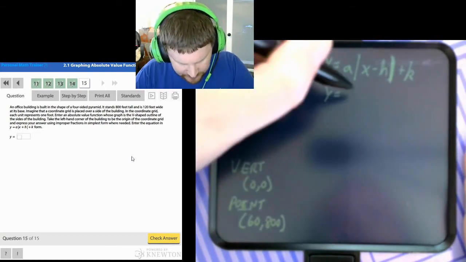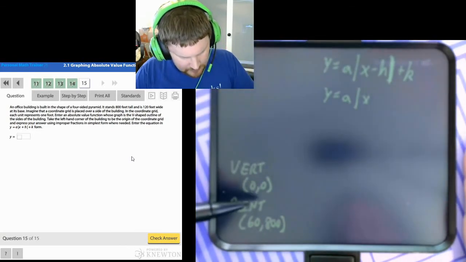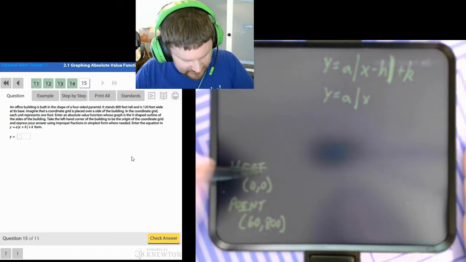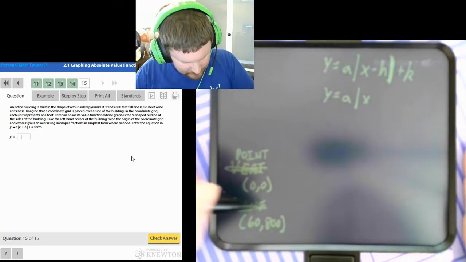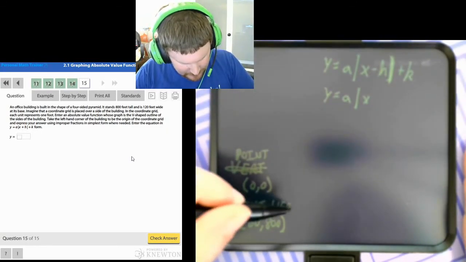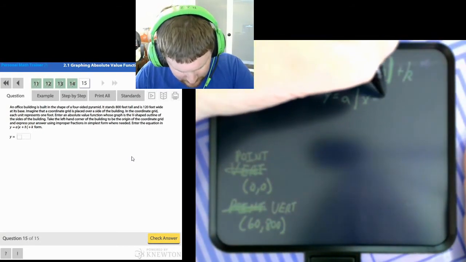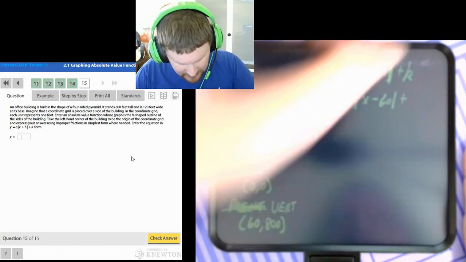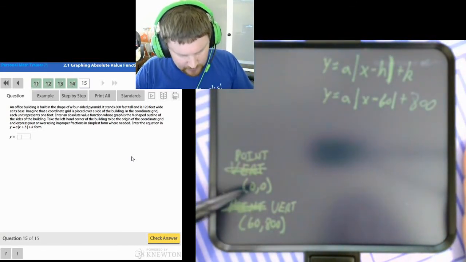Y equals a times x. I'm sorry, that's not the vertex, that's the point. And our vertex was this. So h is 60, k is 800. Now our other point was 0, 0.